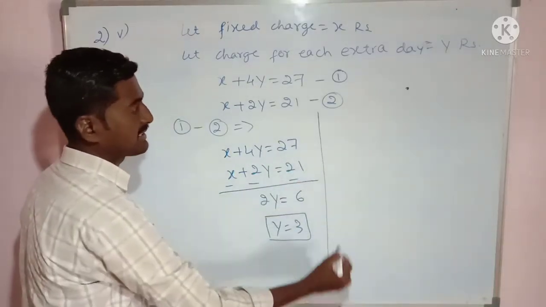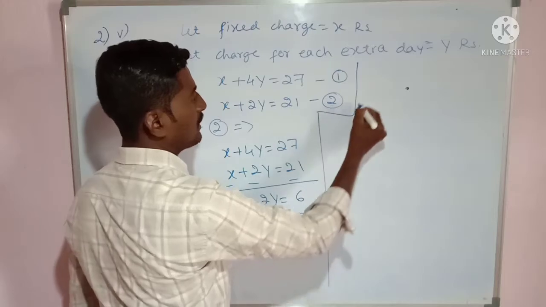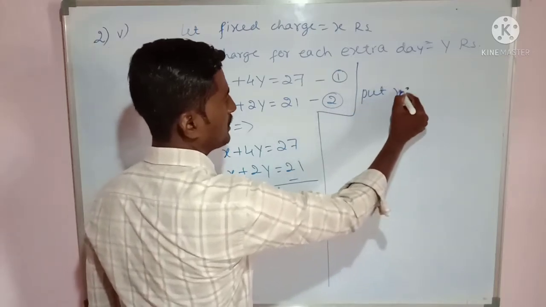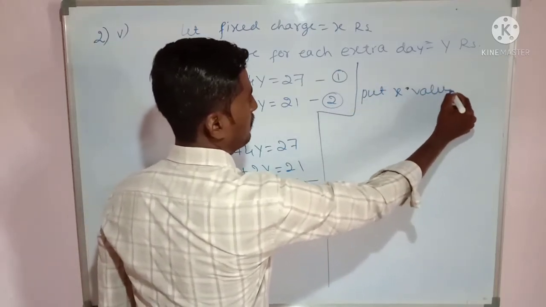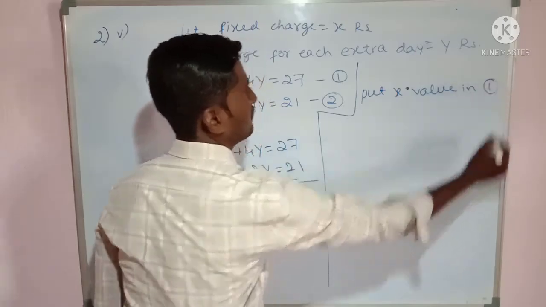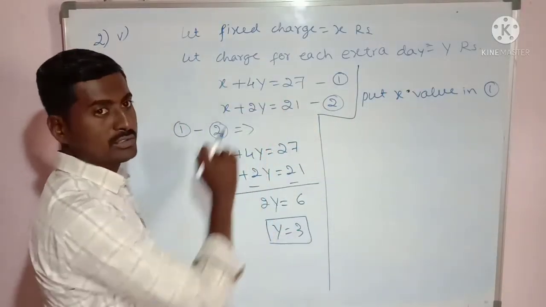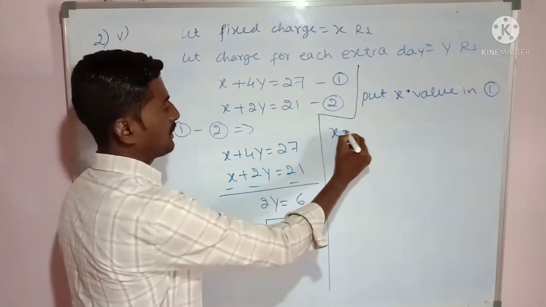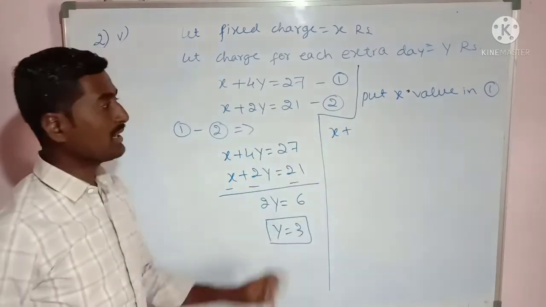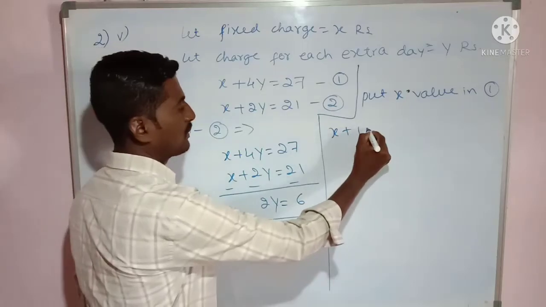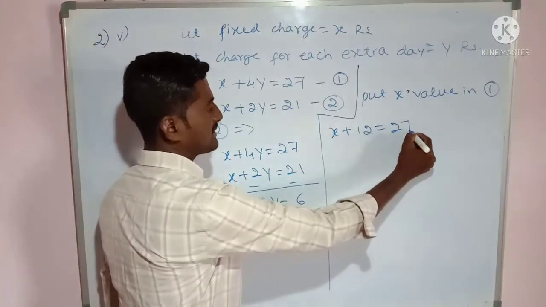Then we shall find the x value. In equation number 1, I have to substitute y equal to 3. x plus 4 times 3, 4 threes are 12, is equal to 27.